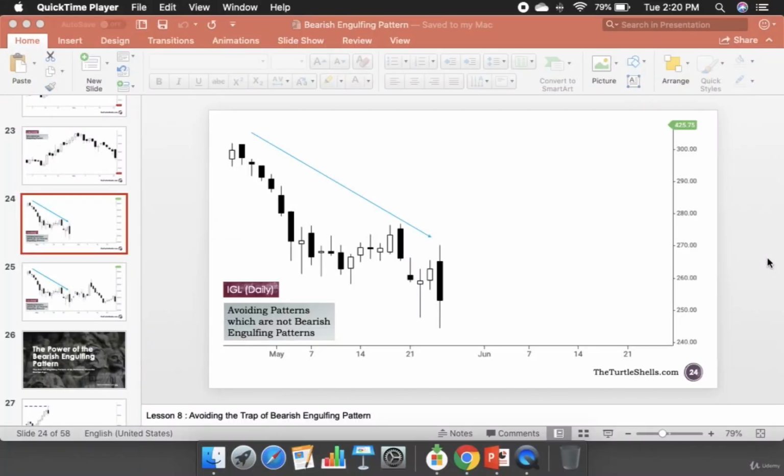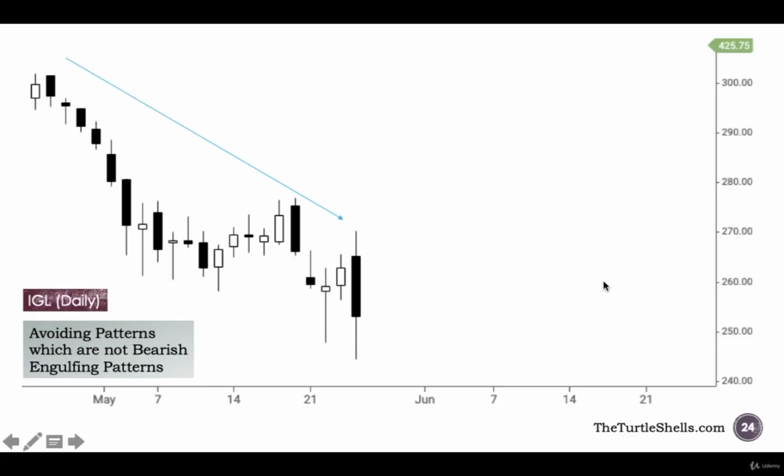Right, now let us look at another example of a candlestick pattern which is not a bearish engulfing pattern. If you look at this chart, this is the IGL daily chart. We have to be able to avoid patterns which are not bearish engulfing patterns. Now, there is a nice downtrend here, and you see these two candles.